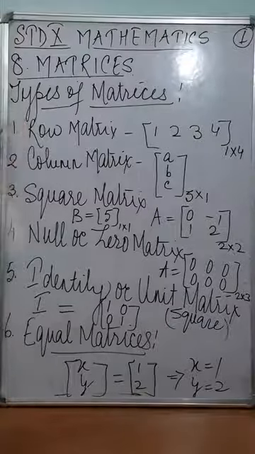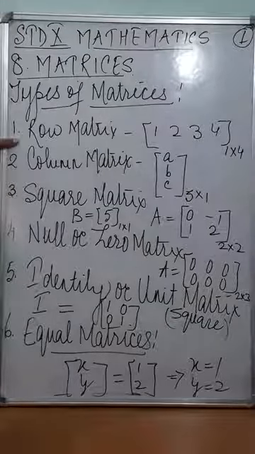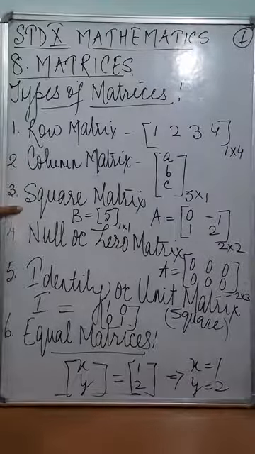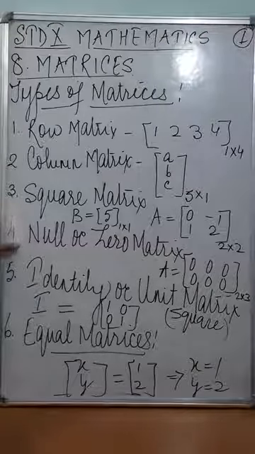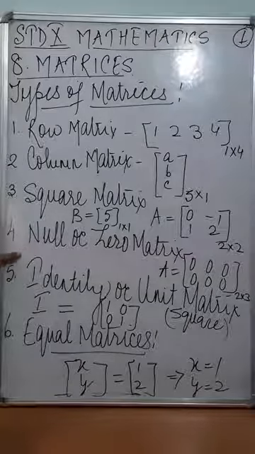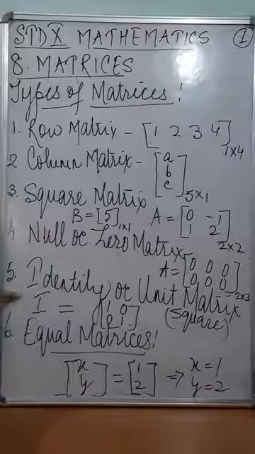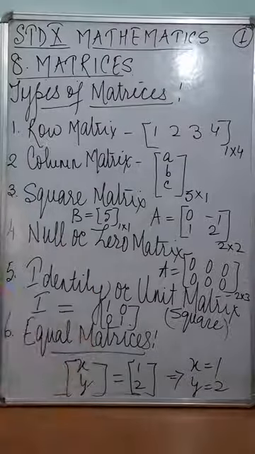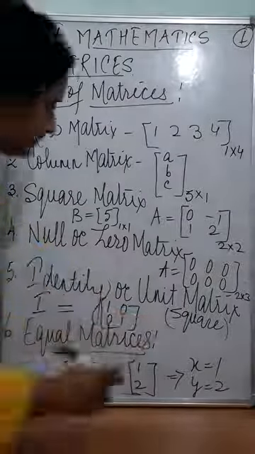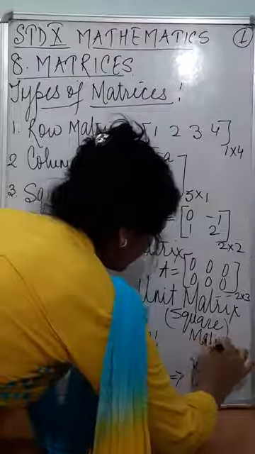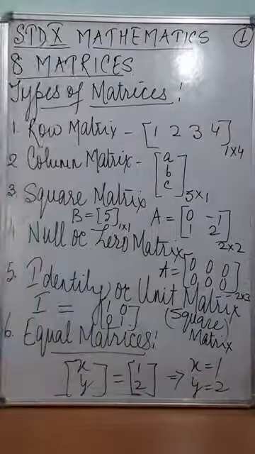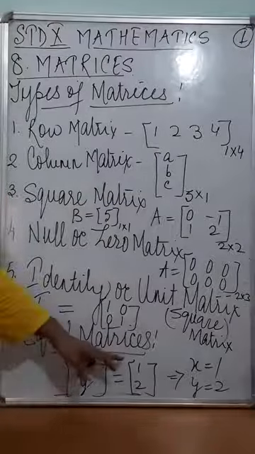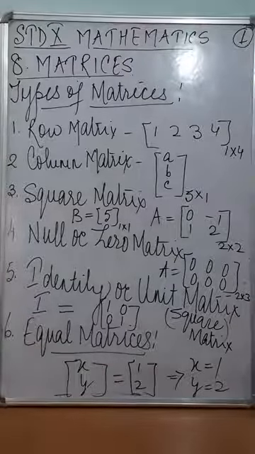Of these, once again, row matrix consists of a single row, column matrix, single column, square matrix, number of rows is equal to number of columns, zero matrix, all the elements 0, identity or unit matrix, the principal diagonal or the leading diagonal elements 1, the rest of the elements 0, is a square matrix, and matrices are said to be equal if they have the same order and the corresponding elements are the same.